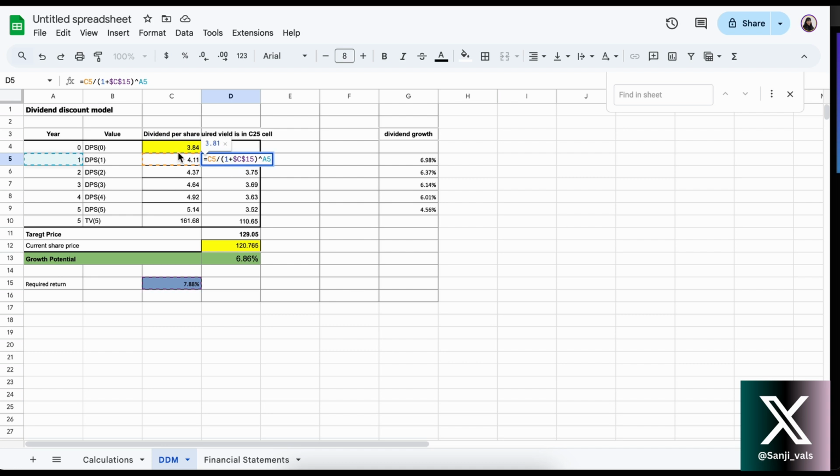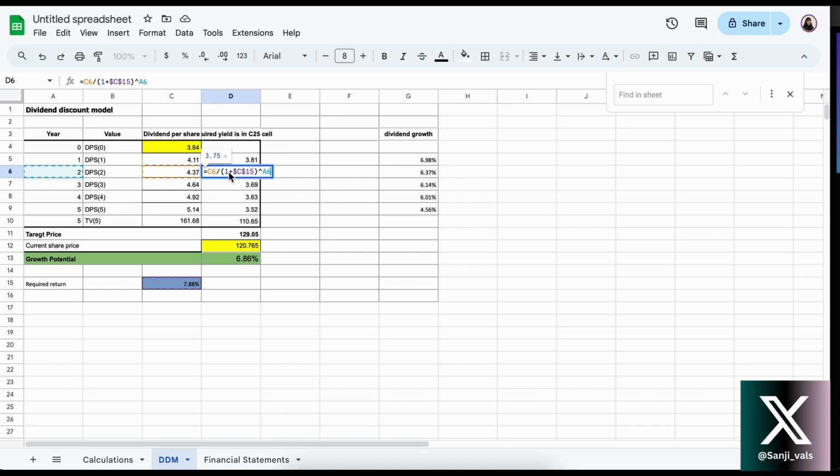How did we calculate it? We take this forecasted dividend for the next year, which is 4.11, divided by 1 plus the weighted average cost of capital or required return, which is 7.88%, to the power of 1 because we are discounting the first year.